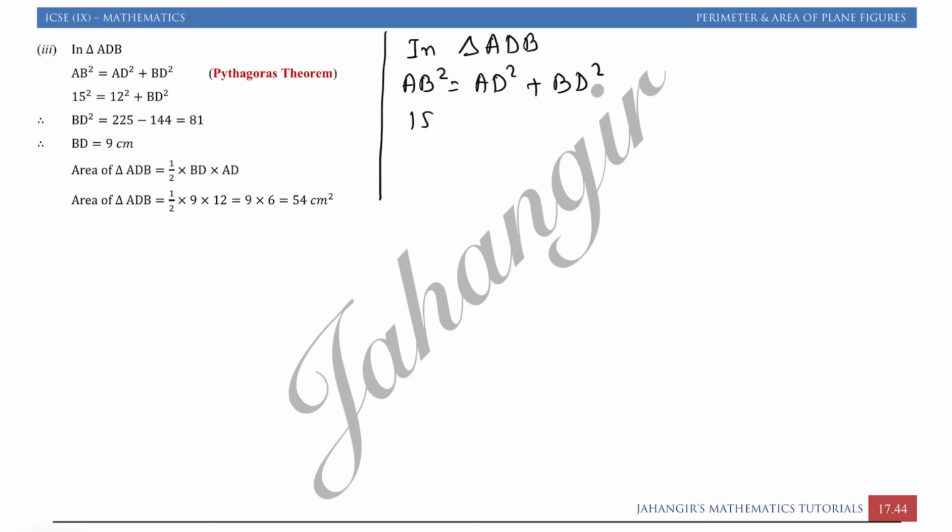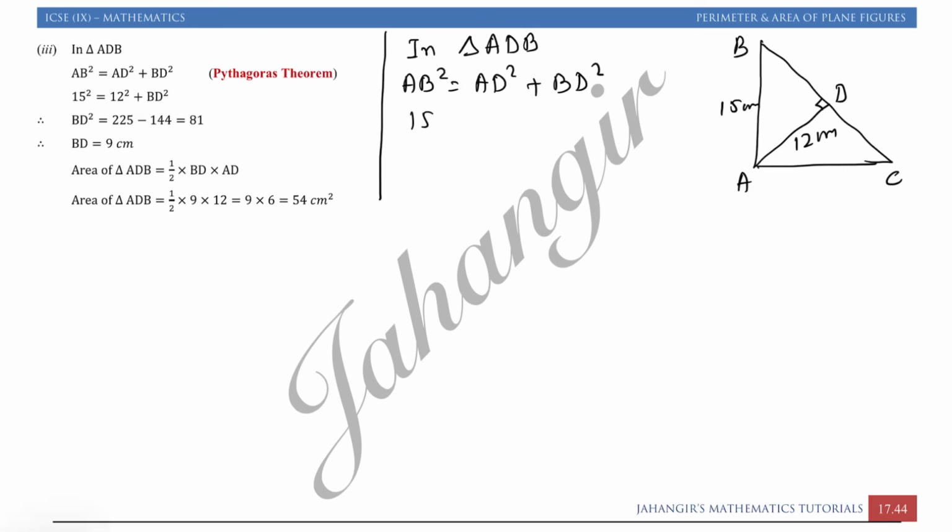Let us draw the diagram again. We have BAC and AD is perpendicular to BC. So AD we got as 12 centimeter. This is 15 centimeter.